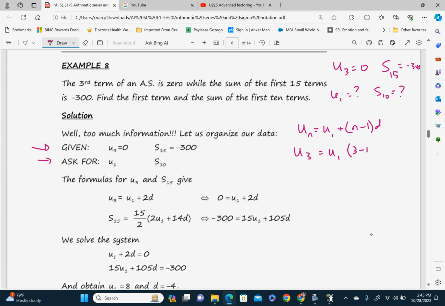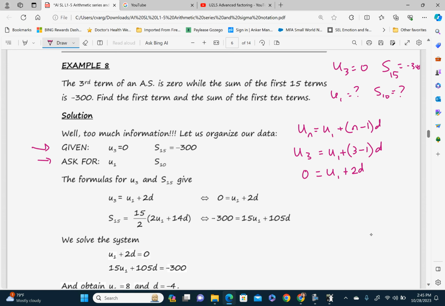So that's going to be 3 minus 1 times our common difference, which we don't know, so we're just going to put that as d, so we can simplify this. Our third term is 0, so 0 is equal to U1, which we don't know, plus 2d. That's one equation that we have.